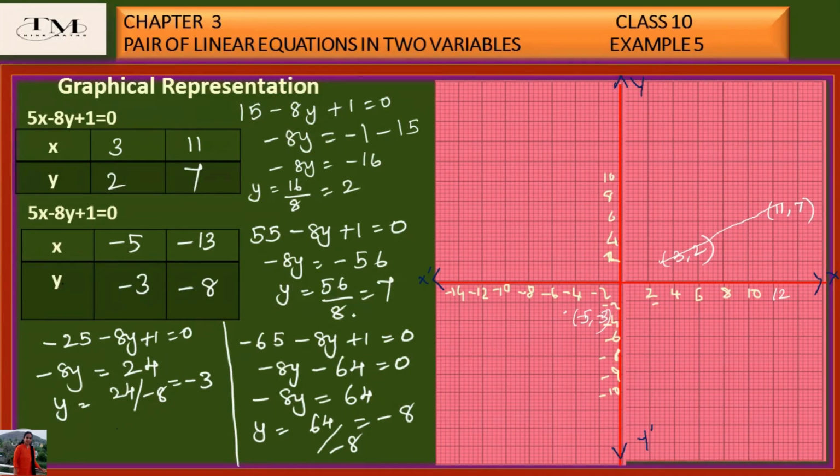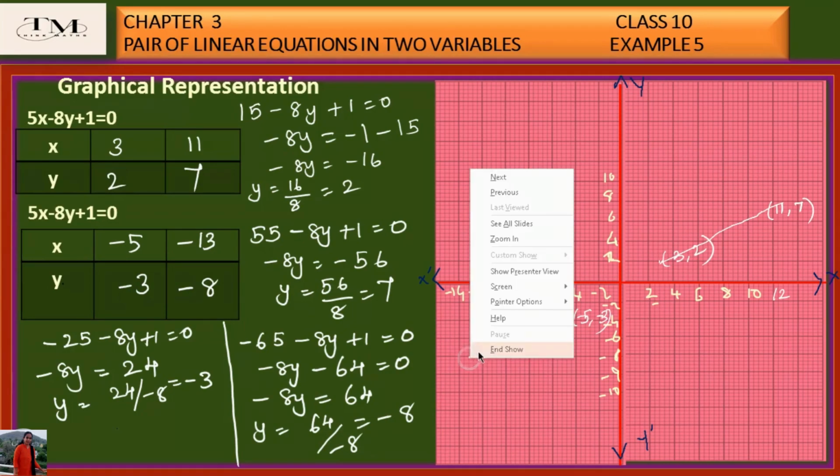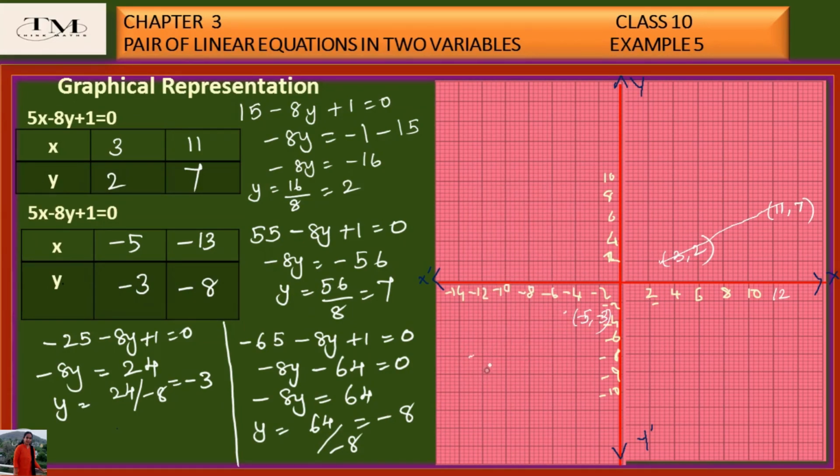Next is minus 13, minus 8. This will come between minus 12 and minus 14, and minus 8 is here. So this is minus 13, minus 8. If we join these points together, we get lines that are coincident.